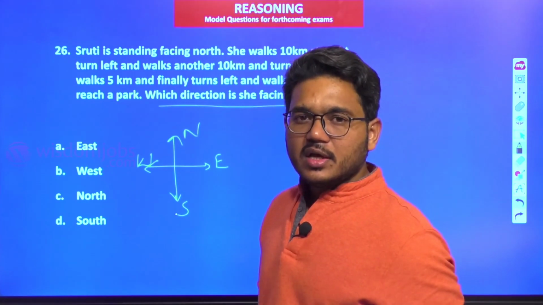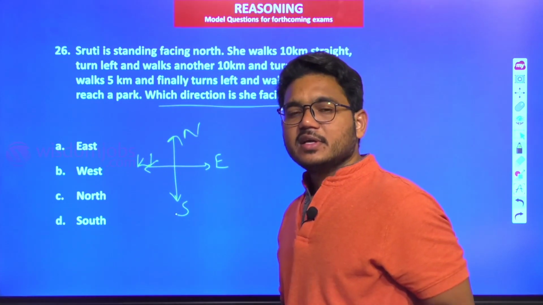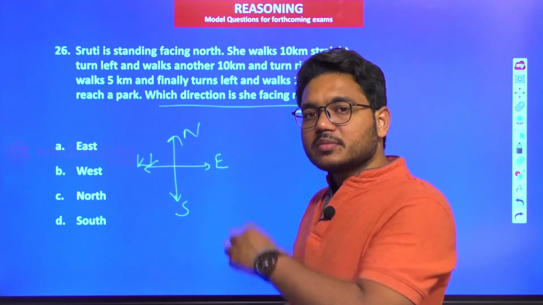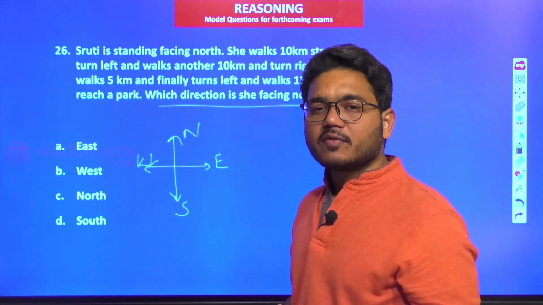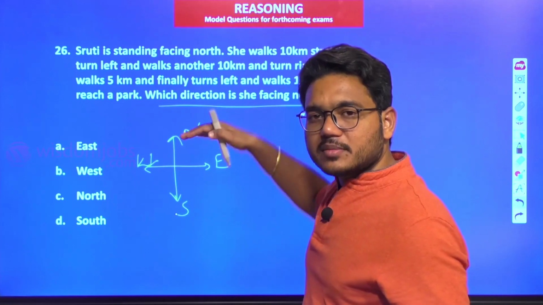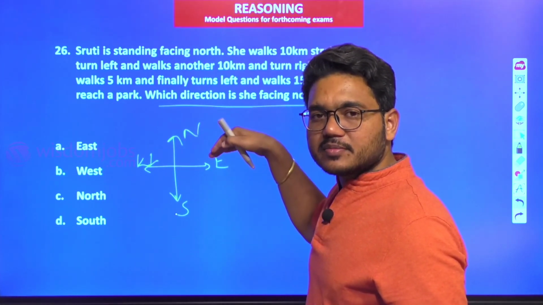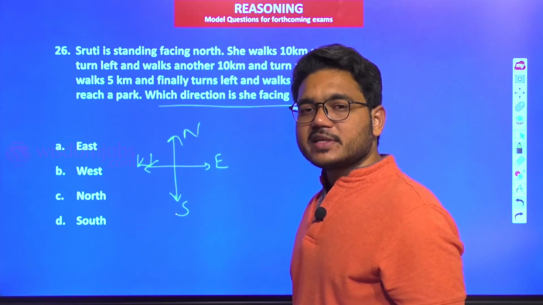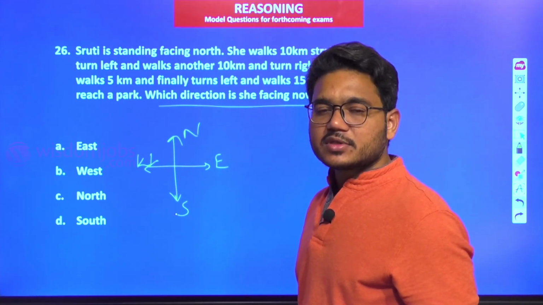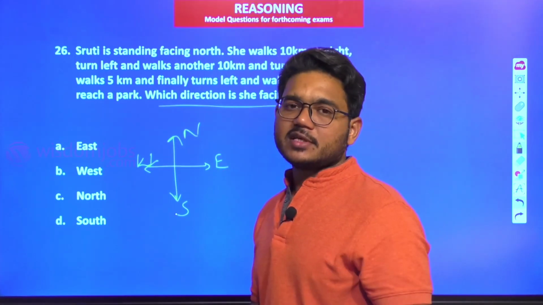You need not put all the numbers or draw them proportionately. You don't require that actually. So just go with the flow. Just identify the direction the path is flowing, and the final direction that is asked in the question.